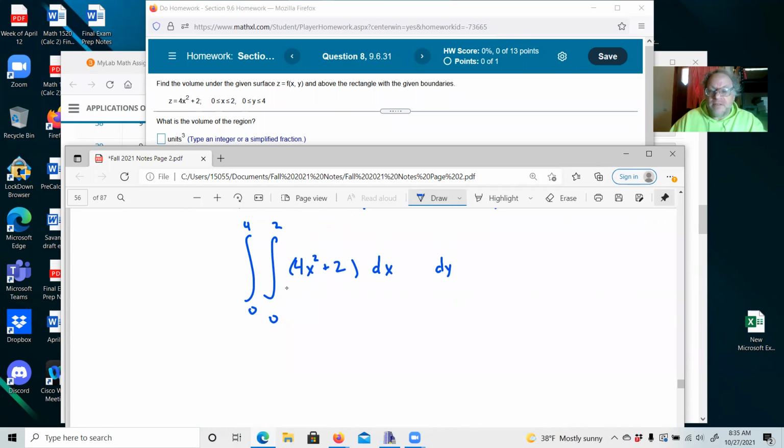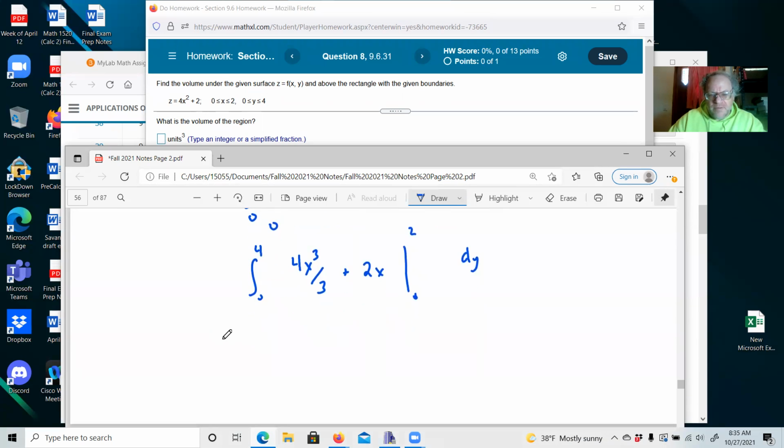So all we have to do is integrate this with respect to x. This is going to be 4x cubed over 3 plus 2x, integrated with respect to x from 0 to 2, dy.